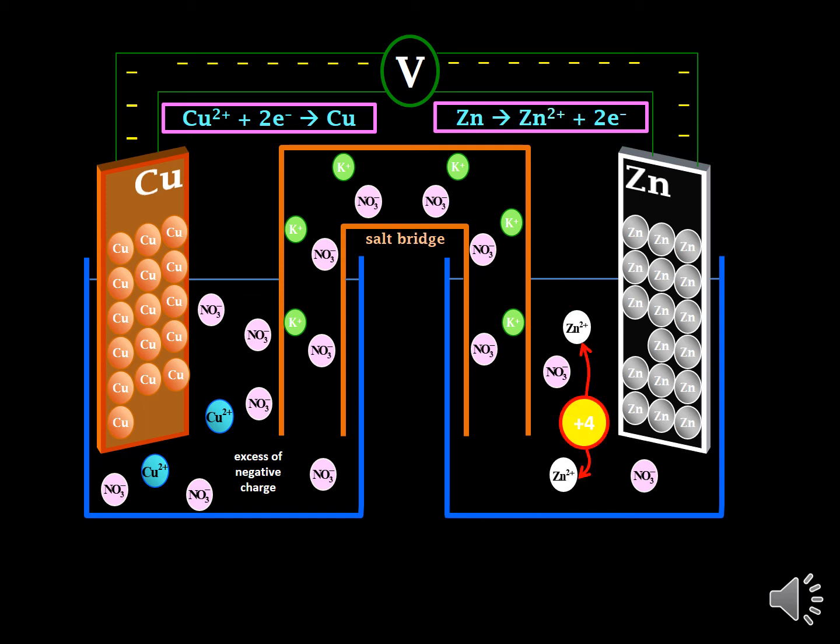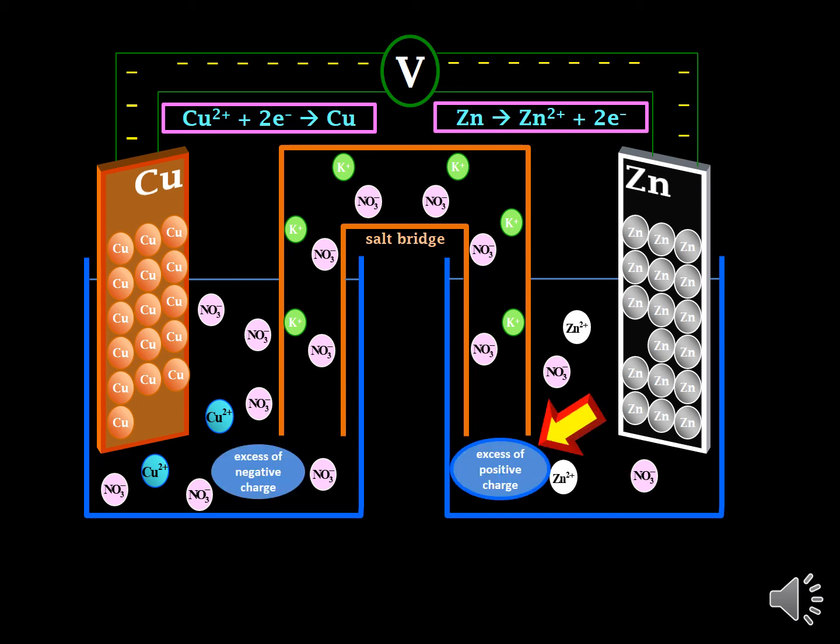Now the zinc ion in this compartment is in the form of plus 4 charge instead of plus 2, and nitrate ions are still minus 2. It means there is excess of the positive charge.